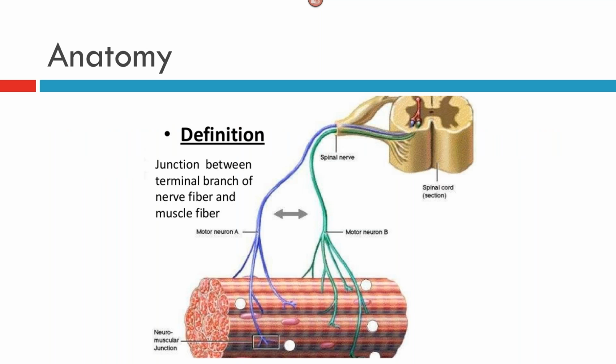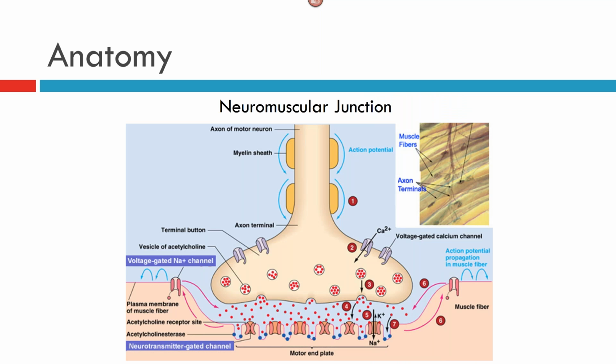Anatomy of the neuromuscular junction. It's a junction between the terminal branch of a nerve fiber, or lower motor neuron, and the muscle. The terminal fibers can be of different sizes and have different diameters. The terminal fiber, which makes a synapse with the muscle, is known as the presynaptic terminal.